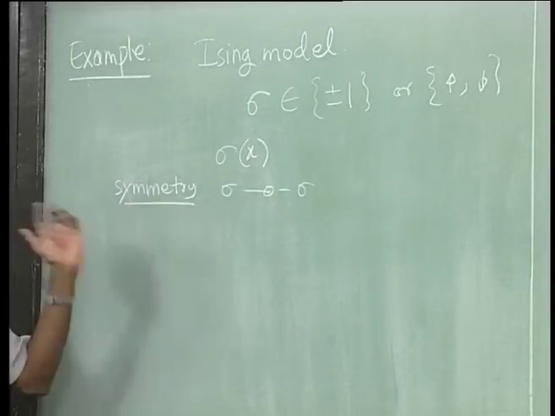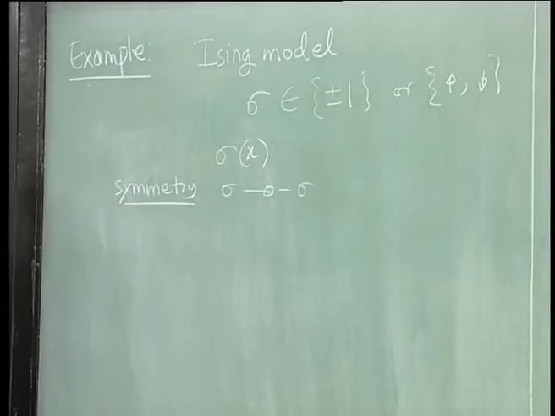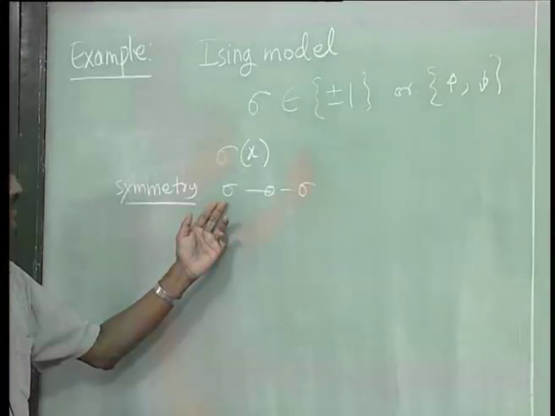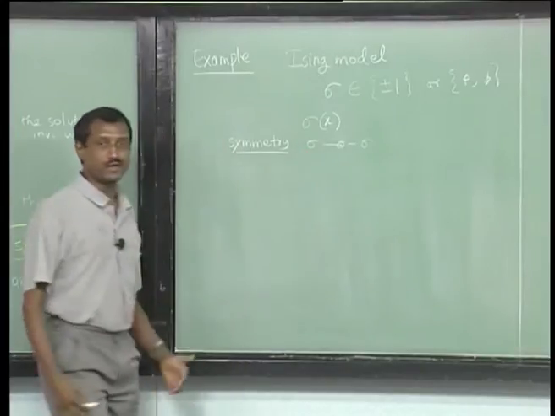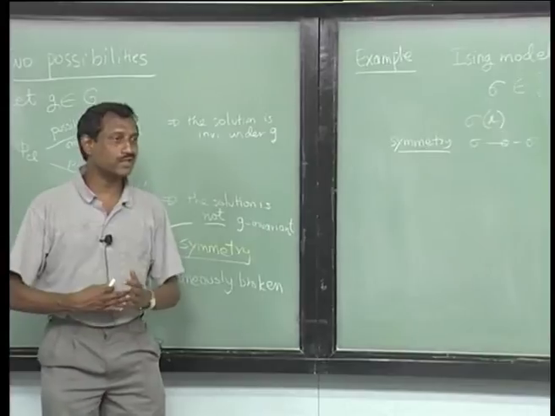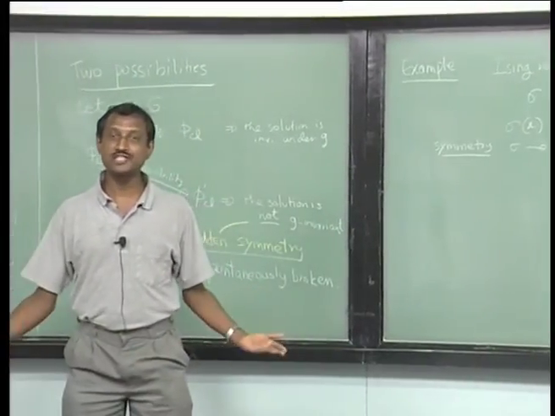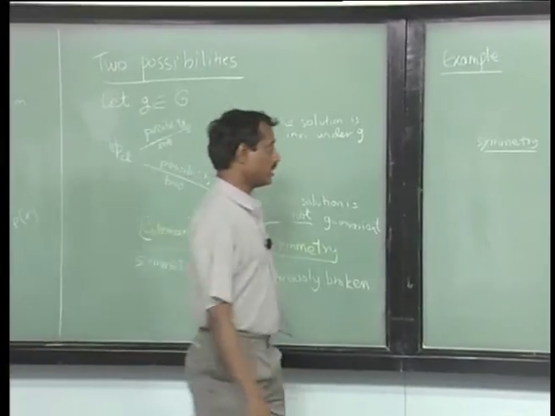Of course you can break this symmetry by coupling it to a magnetic field or something, but we are not talking about that. We are assuming that it is just a simple nearest neighbor interaction. So this is a symmetry. Now you can ask, let us look at the vacuum or the ground state, the lowest energy configuration. What would that be?